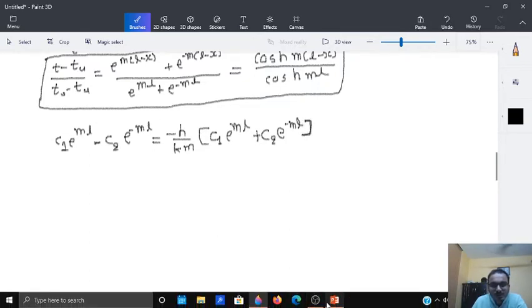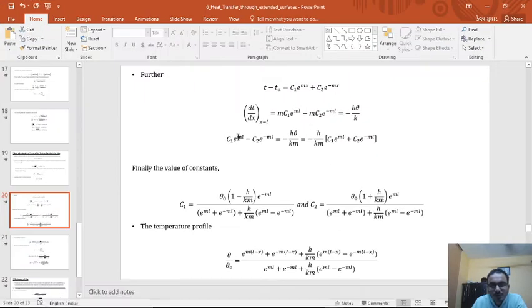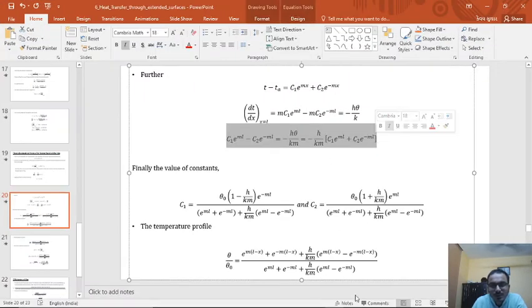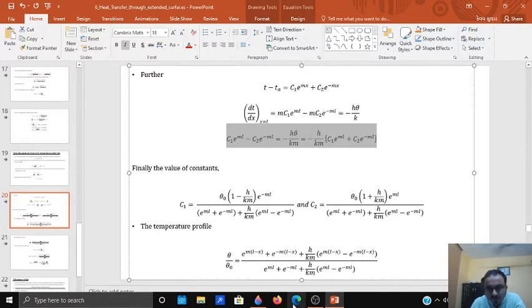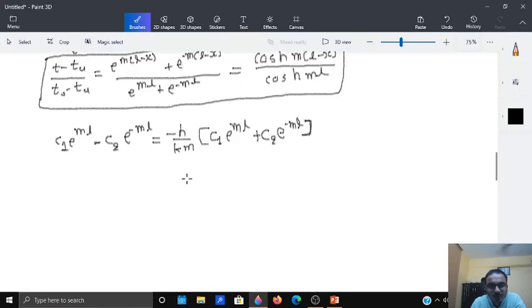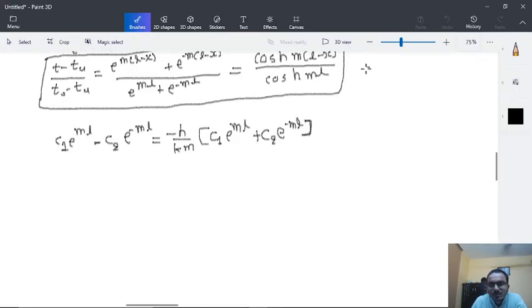The same equation is available over here also. And our first boundary condition was C1 plus C2 is equal to theta 0.